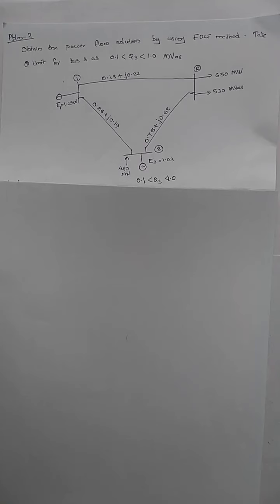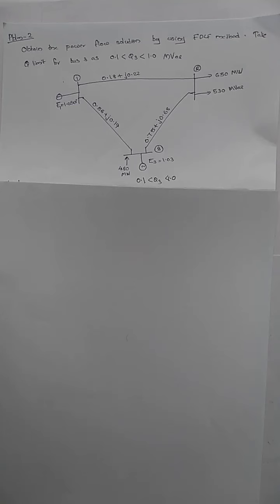So we have to find out delta and delta V. Delta is equal to minus B dash inverse of delta P by V, and delta V is equal to minus B double dash inverse of delta Q by V.